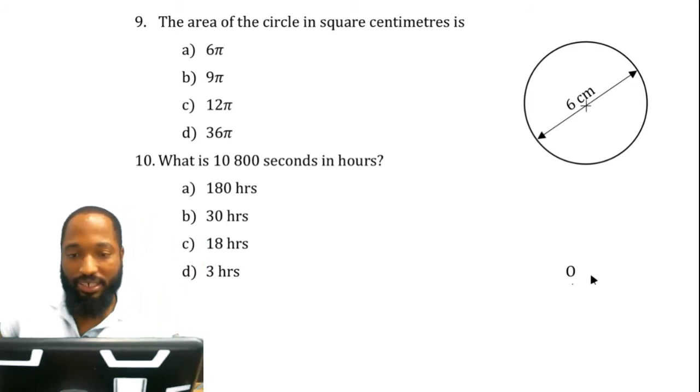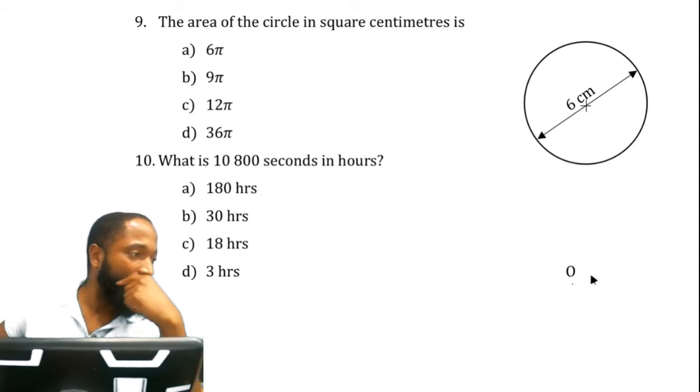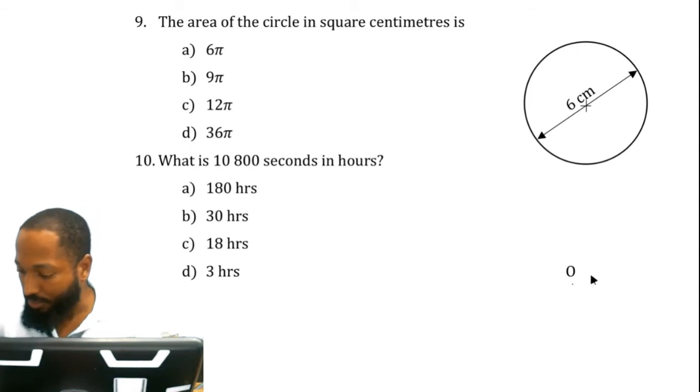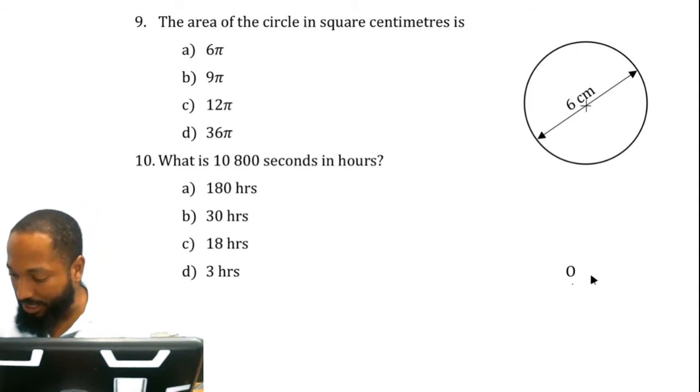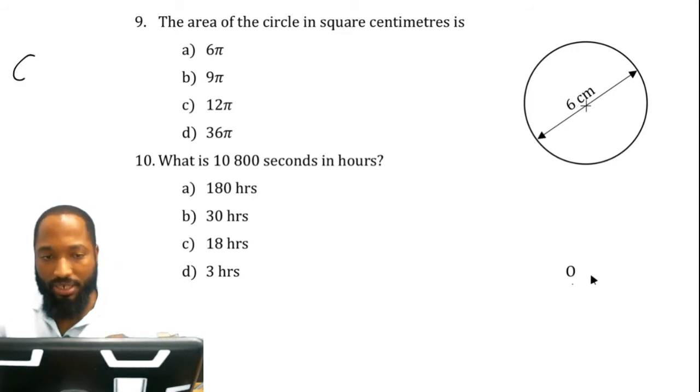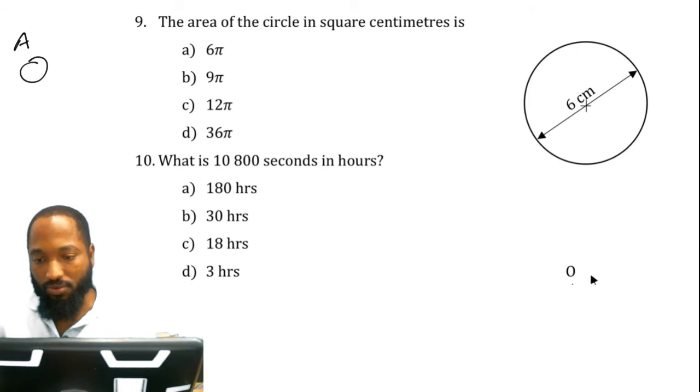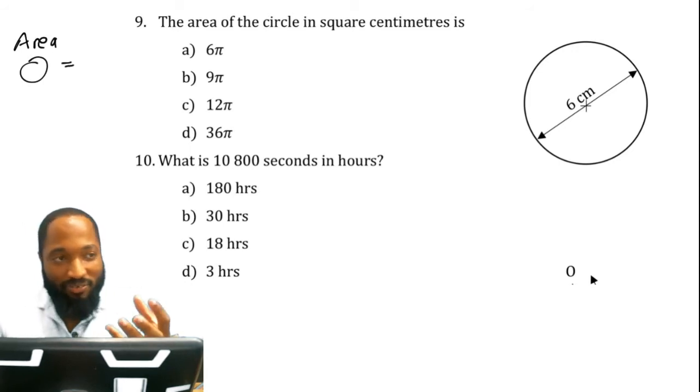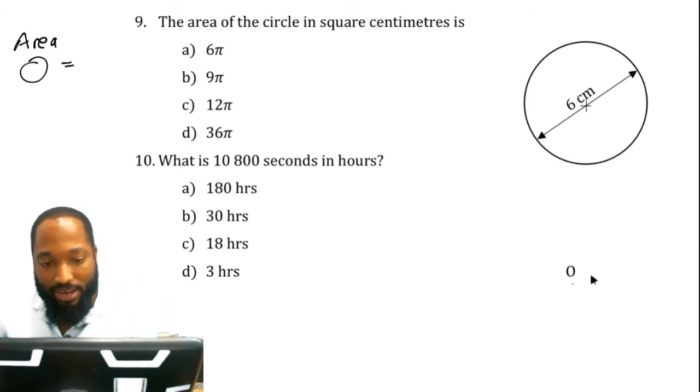The area of the circle in square centimeters. Answer for 9. 9D. Alright, so the radius is 6, area of a circle. Everybody knows the area of a circle: pi r squared.